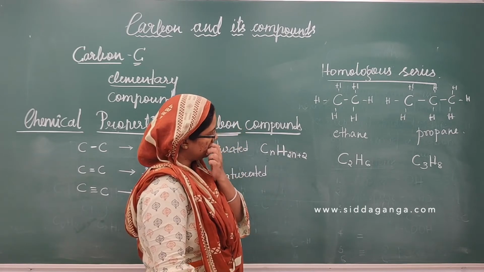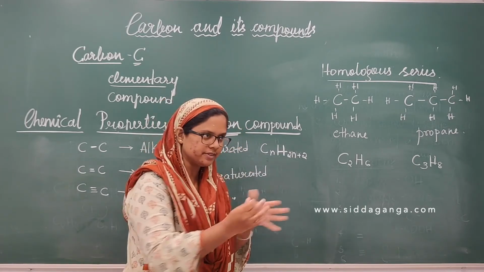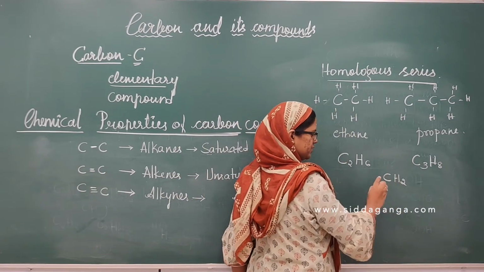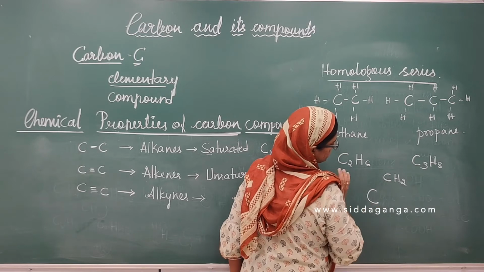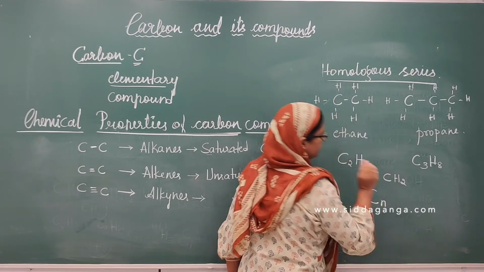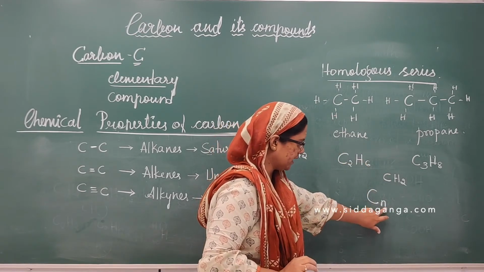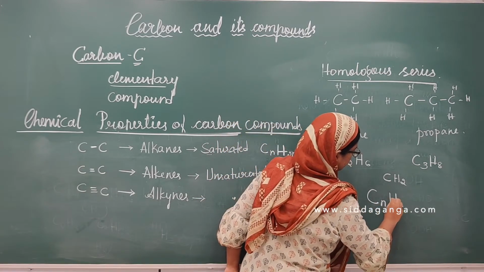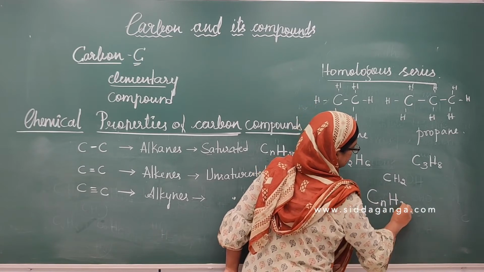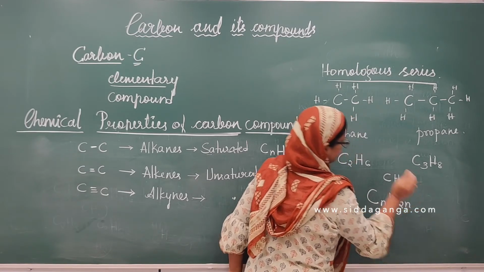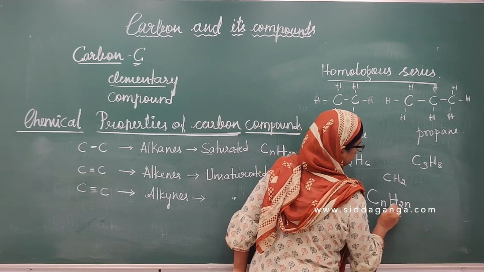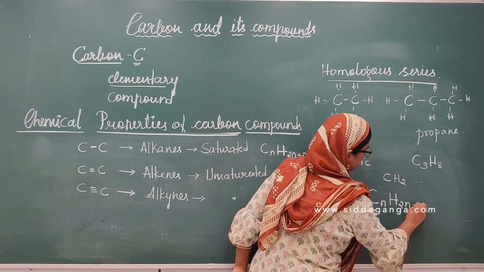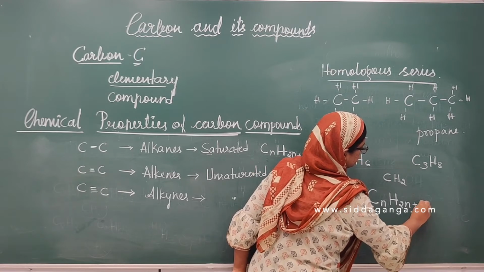For the general formula, as we discussed, the difference between them is CH2. How to write the general formula? N indicates the number of carbon atoms, H 2N, where N is the number of carbon atoms, plus 2.